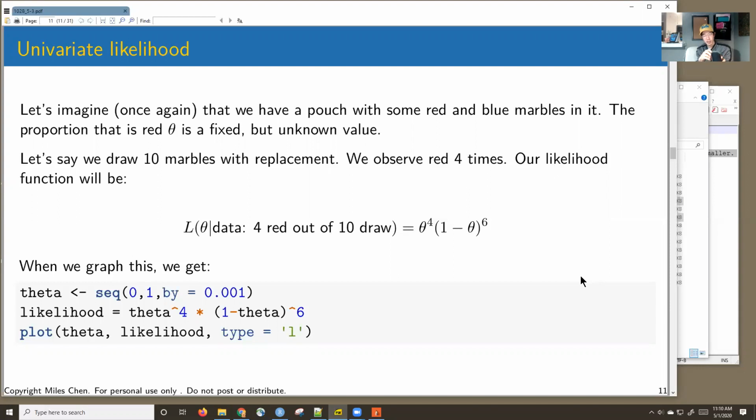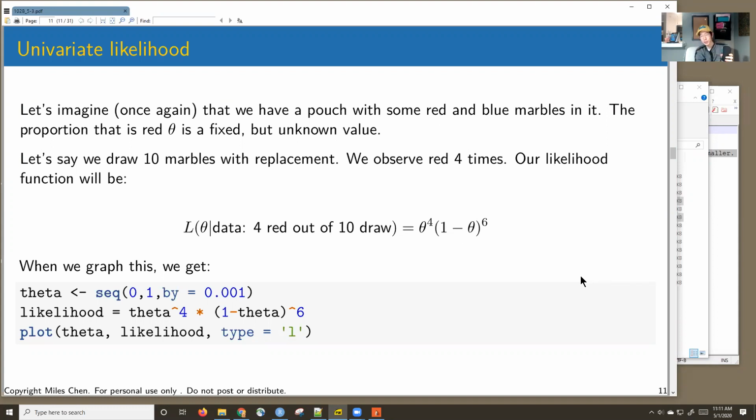And so we're going to try to learn what that proportion is by observing data. So I'm going to reach into the pouch, pull a marble out, look at it, and then put it back in the pouch. Then I shake it up, reach in again, pull a marble out, put it back, shake it back up, okay? We're going to do this 10 times. We're going to draw 10 marbles with replacement, okay?